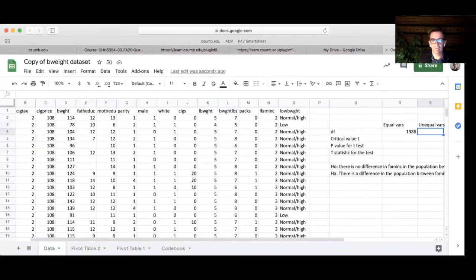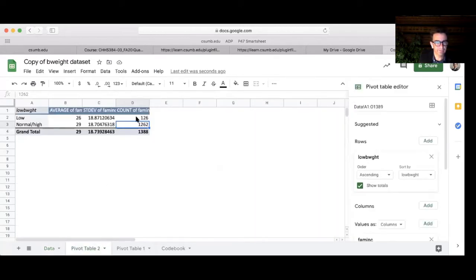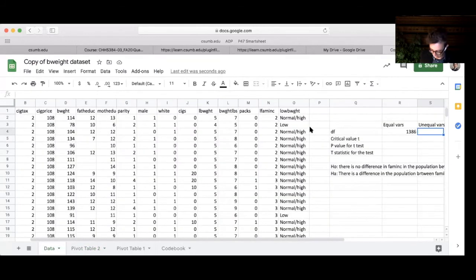So if we go see our data set, the n for this is 126 minus 1, 125. The n for this is 1262 minus 1, 1261. Which one is smaller? This one, 125. So here, 125. All right.